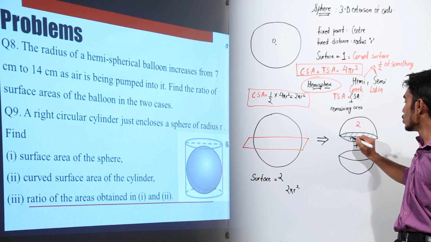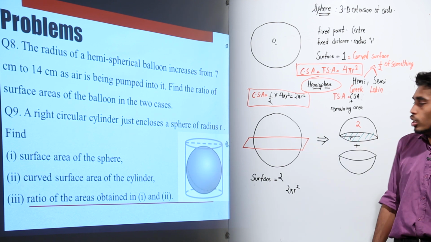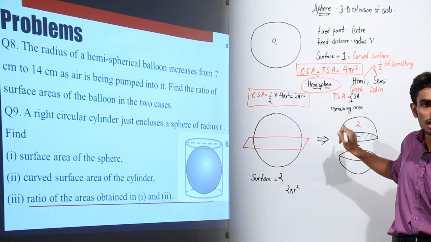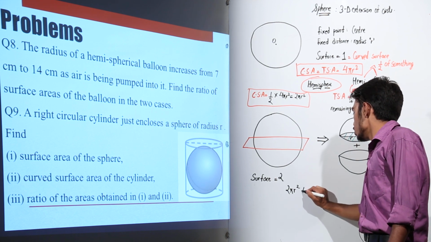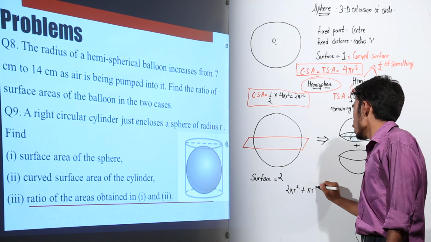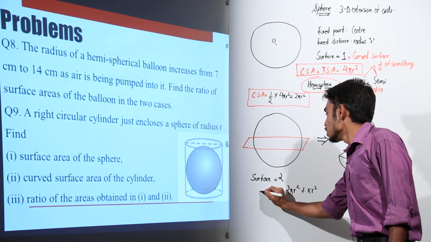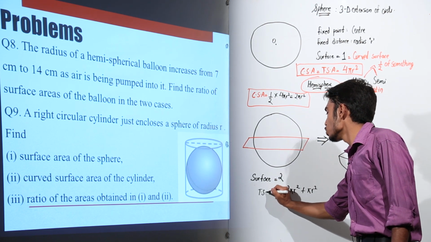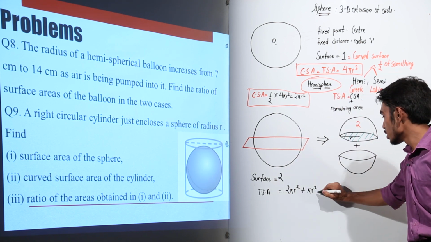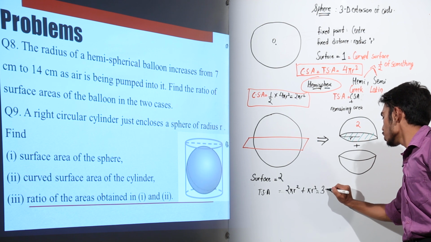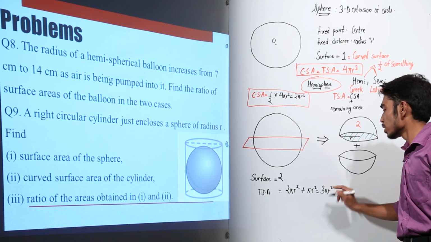So the area of the base circle would be equal to pi r square, so 2 pi r square plus pi r square. This is nothing but the TSA or the total surface area of a hemisphere. So what is 2 pi r square plus pi r square? It is nothing but 3 pi r square.